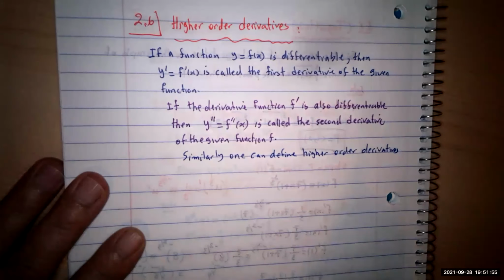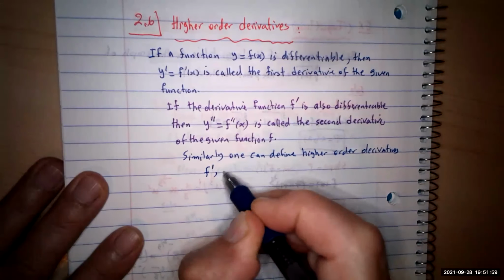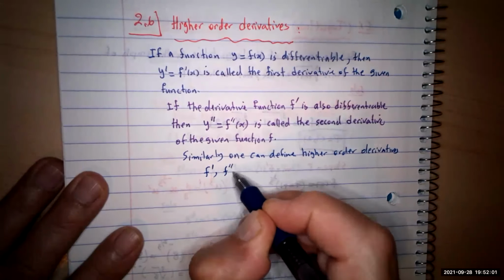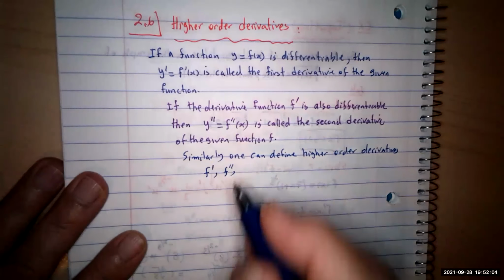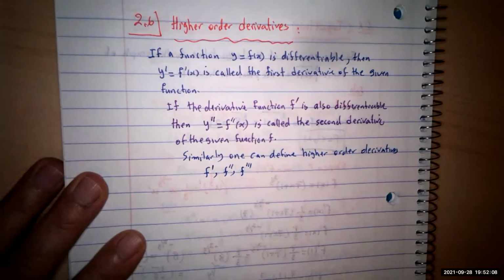So you are going to have f prime. If you differentiate it, that gives you f double prime. If you differentiate it again, that gives you the third one.